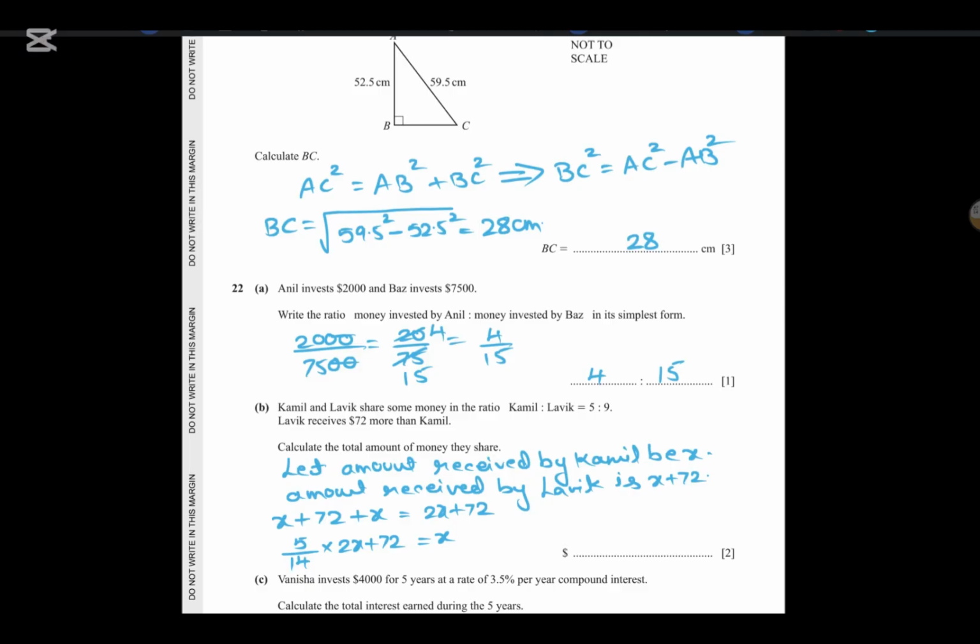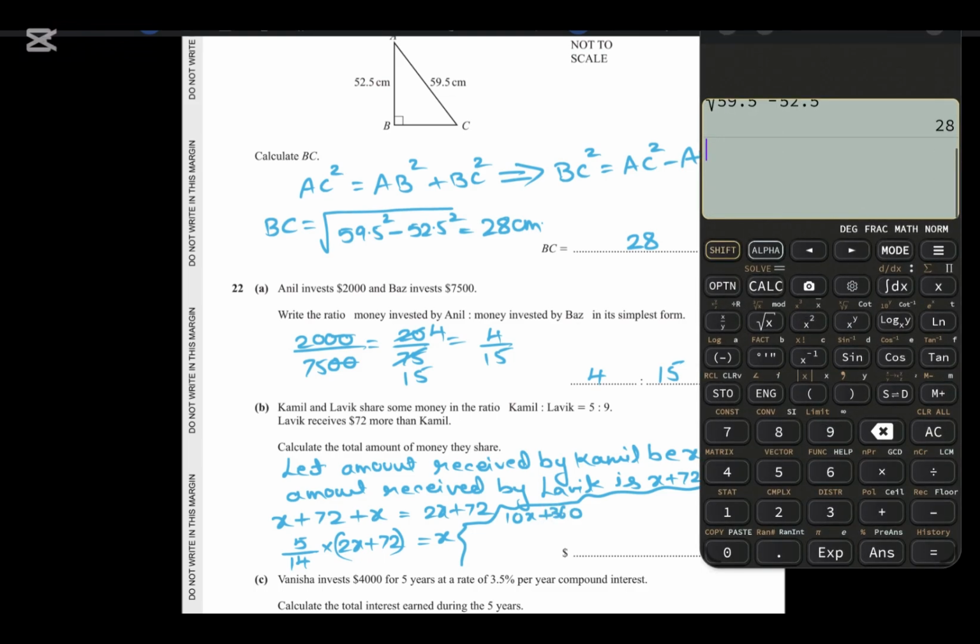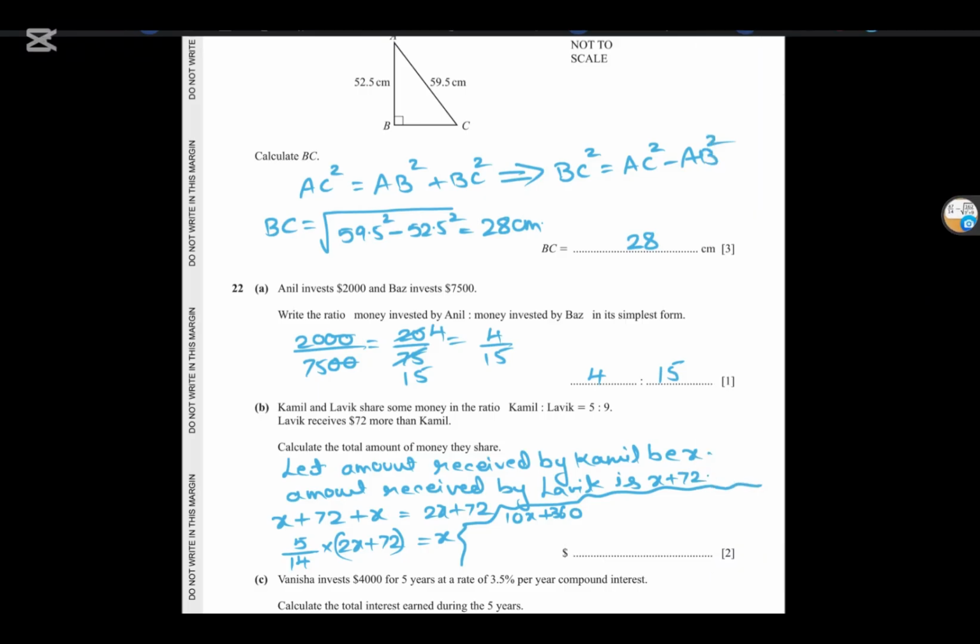Okay, so let me show this. 5 into 2, this is completely multiplied with 5 and bring 14x onto the right hand side. 10x plus 360. 5 into 72 is 360. 360 is equal to 14x.